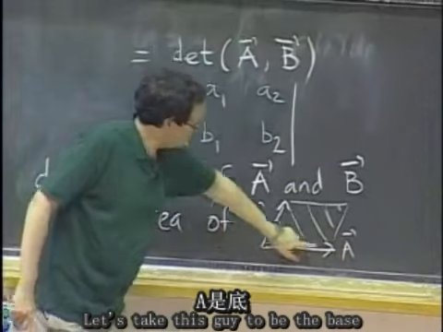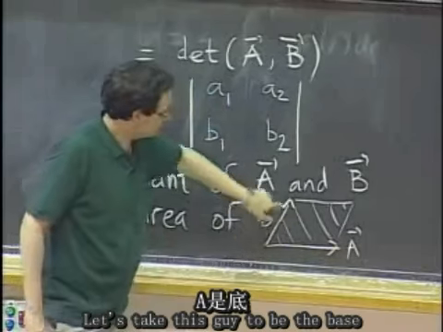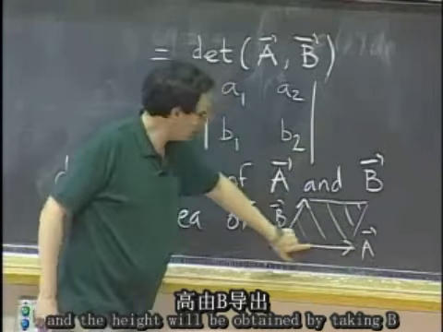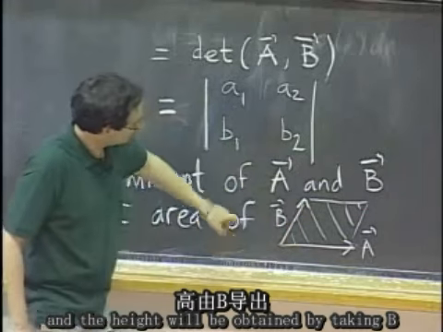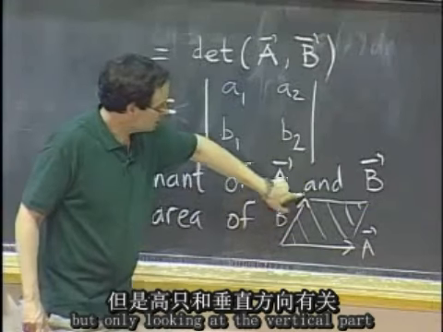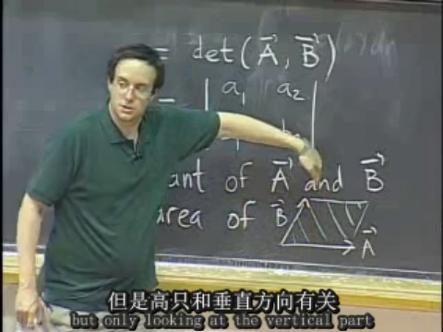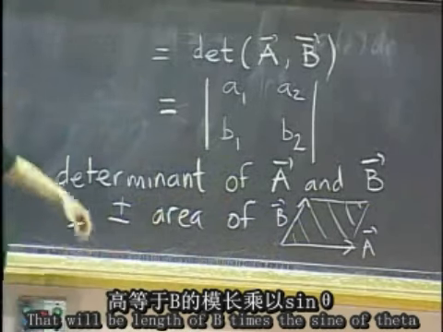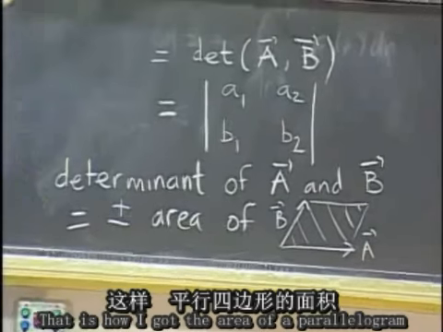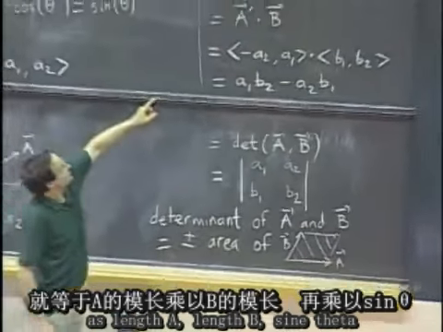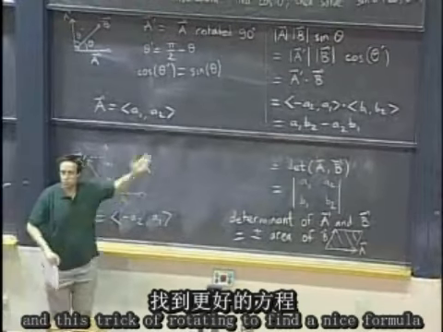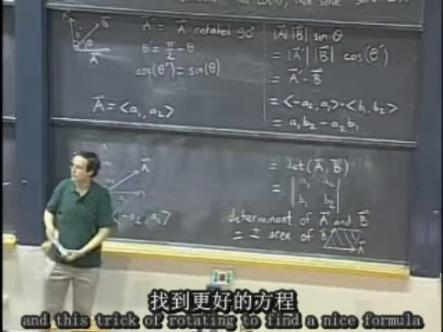So the base, let's take this guy to be the base, so the length of the base will be length of A. And the height will be obtained by taking B, but only looking at the vertical part. So that will be length of B times the sine of theta. Okay, so that's how I got that the area of a parallelogram is length A, length B, sine theta. And then I did this manipulation and this trick of rotating to find a nice formula.